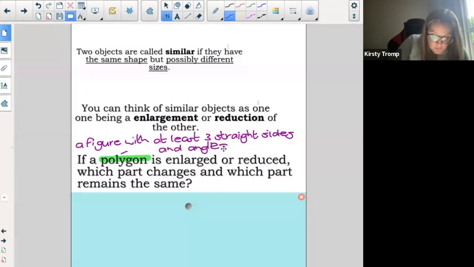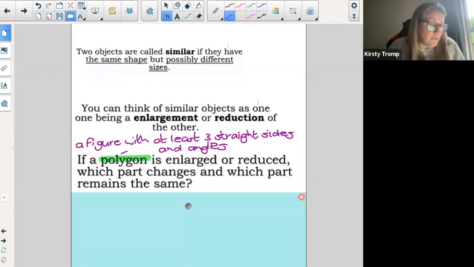Just in case you're wondering, ma'am, what is a polygon? A polygon is a figure with at least 3 straight sides and angles. So a polygon can be a triangle, a square, a rectangle, an octagon, a pentagon, a nonagon. All of those fall under polygon.